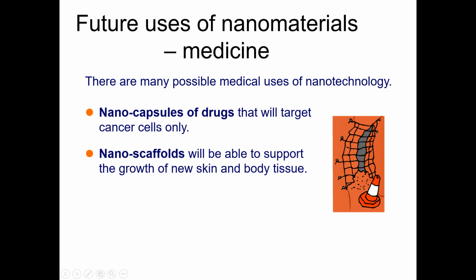The great thing about those capsules is that they are ineffective on normal cells. They are specially designed and loaded with the drug, which can only interact with the cancer or disease cell.